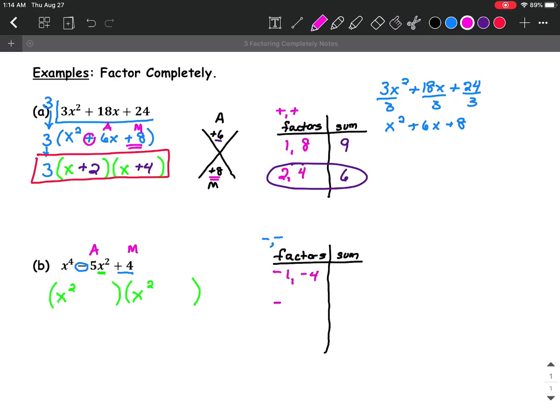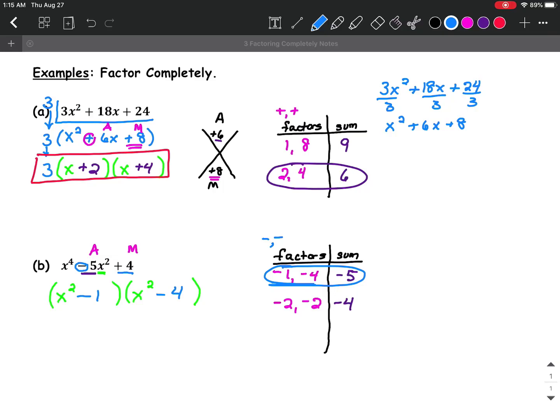And then we have a -2 and a -2. And we find those sums, -1 and -4, that's -5. -2 plus -2, that's -4. And what were we supposed to add to? -5. So when I look, this is my magic pair, that -1 and then -4. So I put a -1 and a -4.